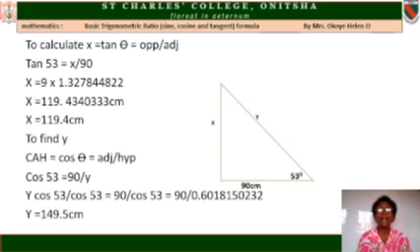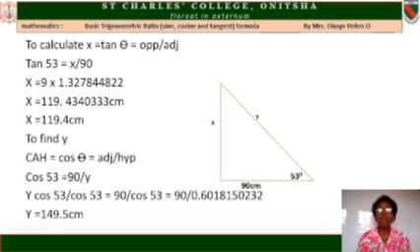What is our y? No value for y. That is the hypotenuse. So cos 53 degrees equal to 90 over y. When we cross multiply, we have y cos 53 degrees equal to 90. What do we do? We divide through by cos 53 degrees to make y the subject of the formula. When we divide through, we have y equal to 90 over cos 53.